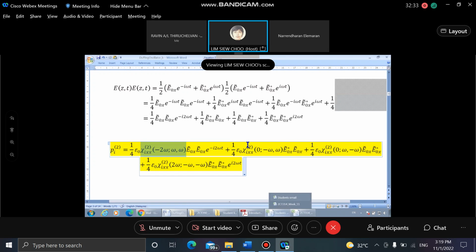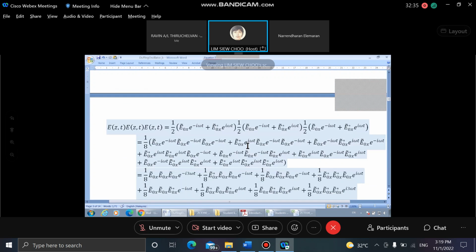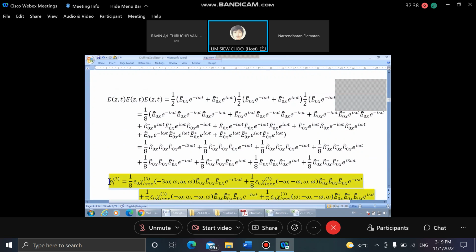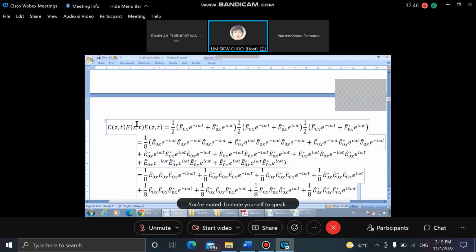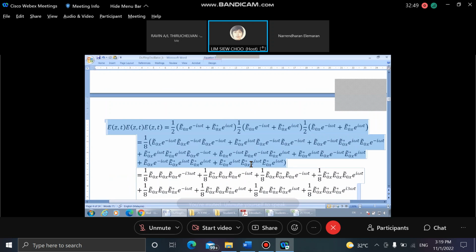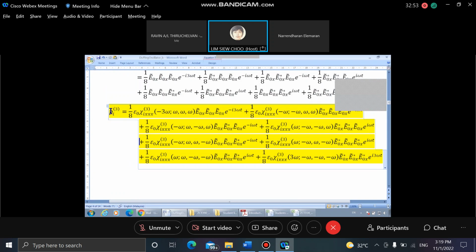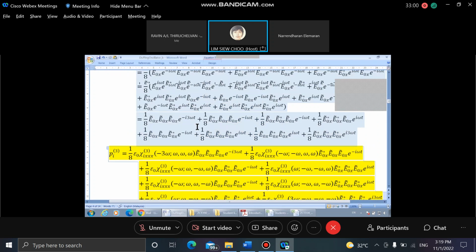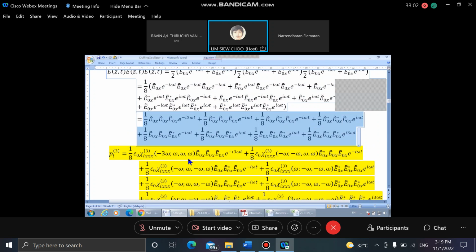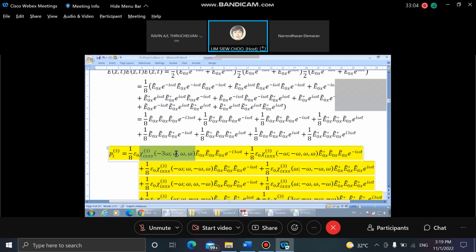So for the expansion of the P third order, bracket 3, is third order in terms of the 3 fields. Here I take the product of 3 fields together. So you see, I don't write any chi, because it's just a product of E fields. When you write the P third order in terms of 3 fields, I just copy paste directly, and after this I insert the chi. Okay, chi 3, following how this is.